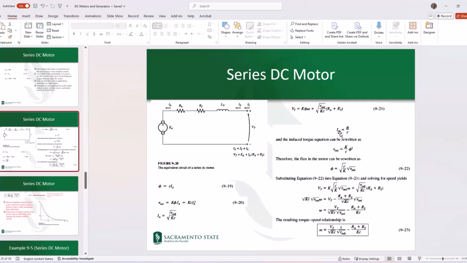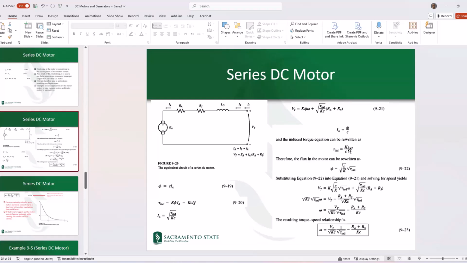And since IA is also equal to phi over C through this equation, the induced torque can be written as tau induced would be Kc over C squared times phi squared. So the same equation, tau induced, can also be written in terms of phi in here. Therefore, the flux in the motor can be rewritten as equation 9.22.